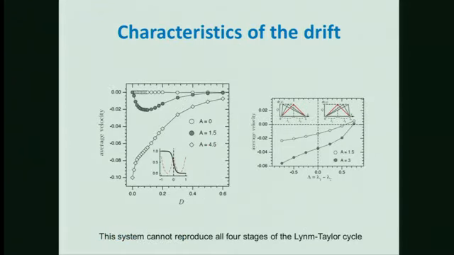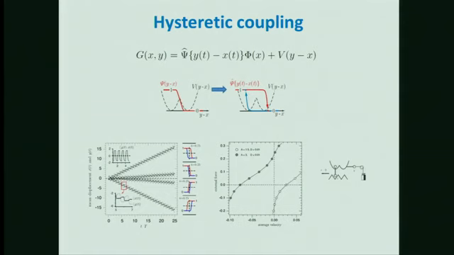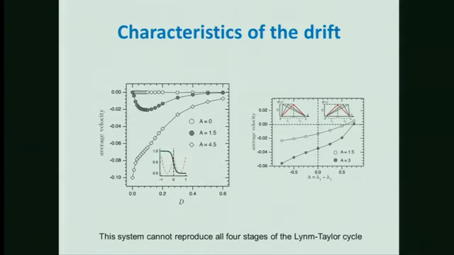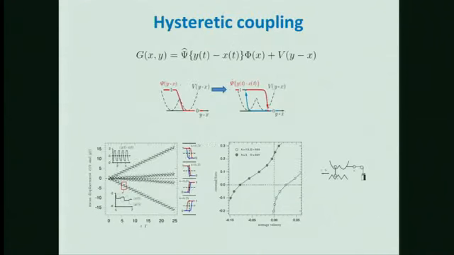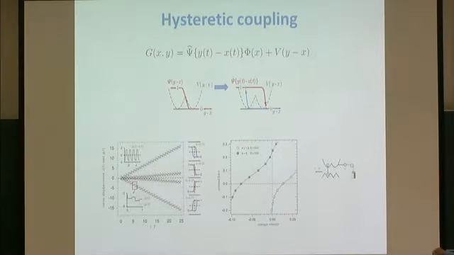So we can study its drift properties. Maybe I'll mention one thing, that with this model we were not able to reproduce the Lymn-Taylor cycle, so we had to introduce a delay in the steric adjustment, so a hysteresis.